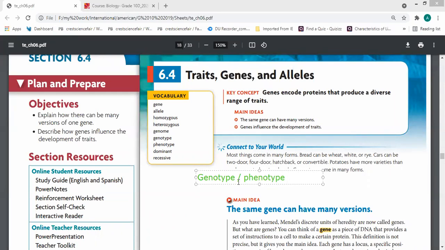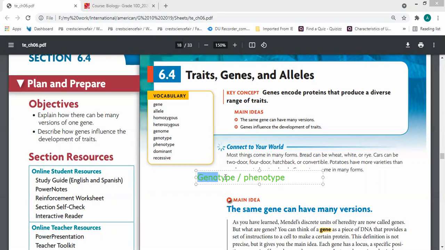The traits I mentioned are called phenotype, which means the physical appearance of the traits, like skin color, hair color, eye color, all of these characteristics, the physical appearance in human beings.